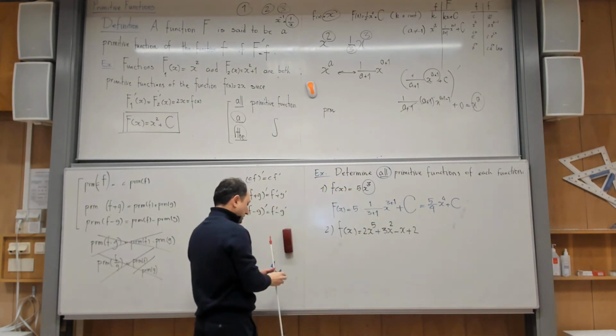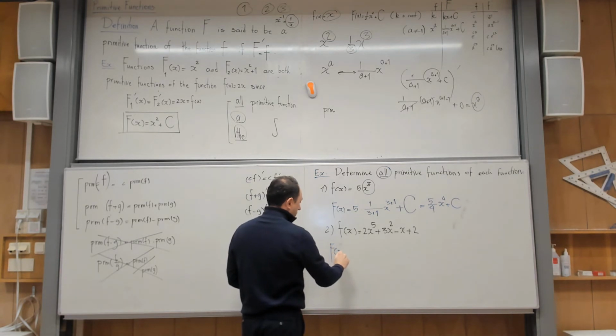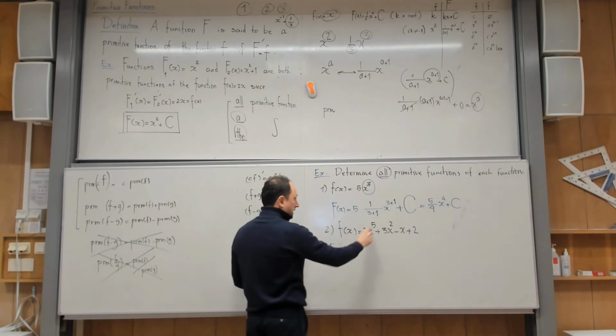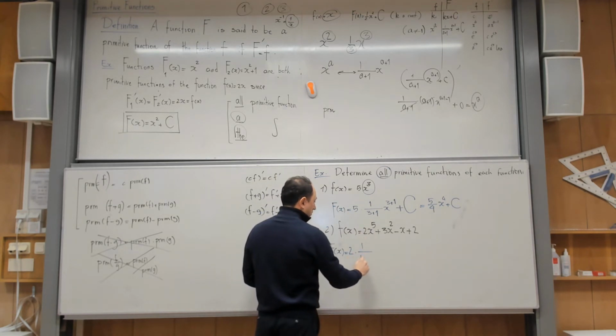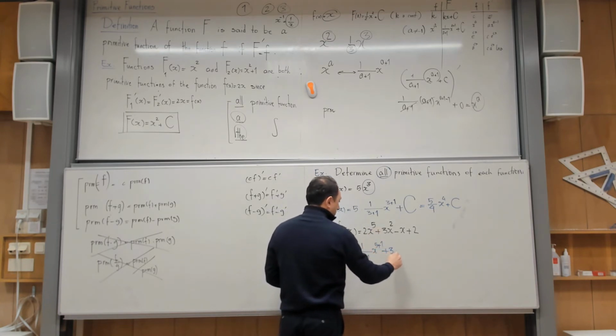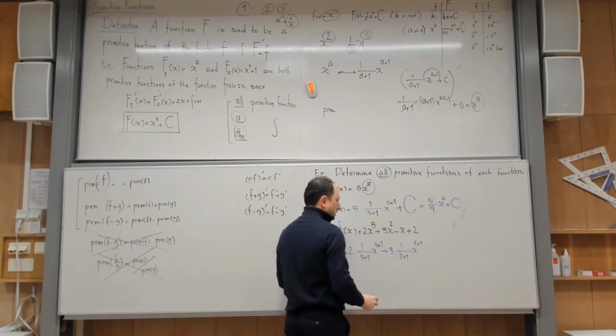So what should I write? If I want to write all the details, I would write capital F is equal to 2 is a constant, I don't care. But x to the power 5 becomes 1 over 5 plus 1, x to the power of 5 plus 1. Then I have a 3 here, multiplied by 1 over 2 plus 1, x to the power of 2 plus 1.